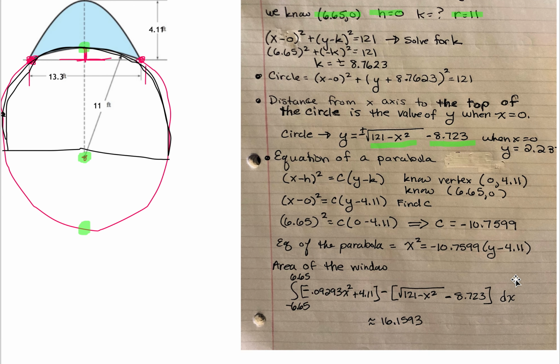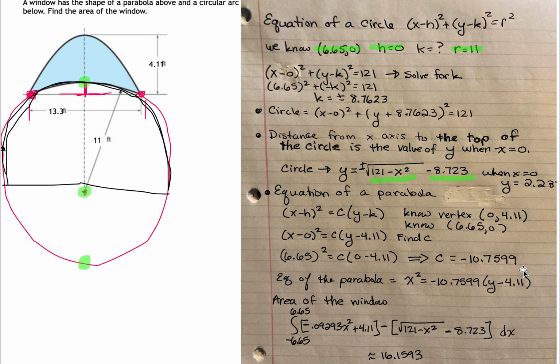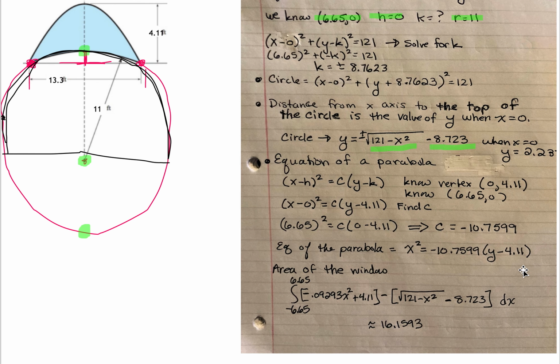Now, in order to find the area of the window, which is the last part, but actually the main part of this question, this is what we've been working up to. We need to take the equation that we got for our parabola and subtract it from the area that we got from our semicircle. But we have to have it solved for y in order to be able to do this.